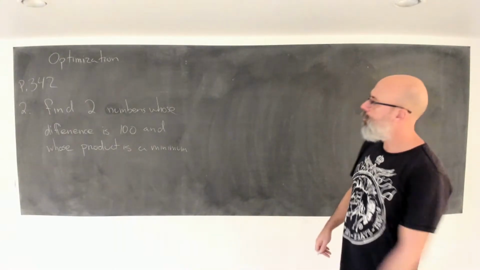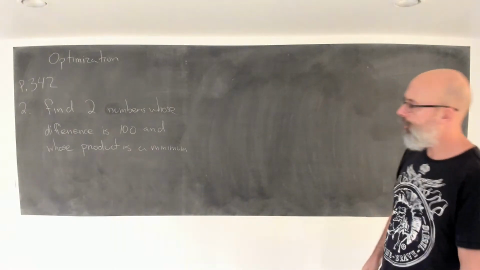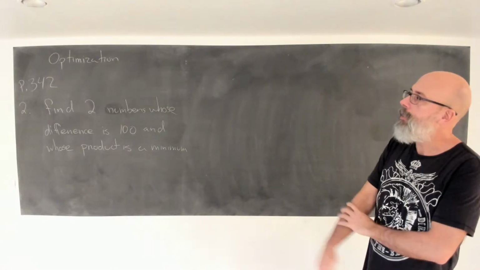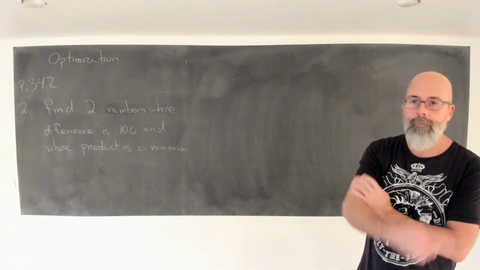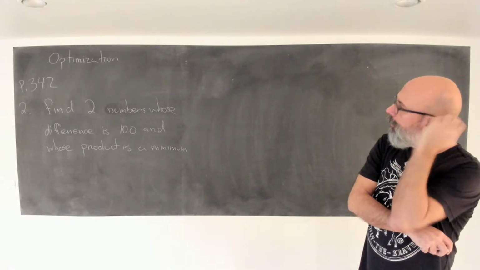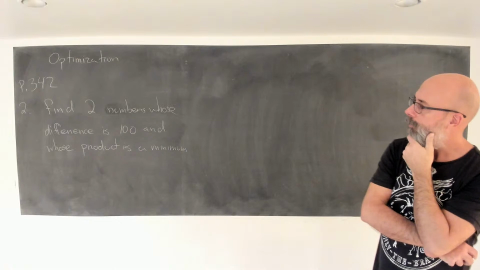Find two numbers whose difference is 100 and whose product is a minimum, right? An easy example of what we're referring to here.